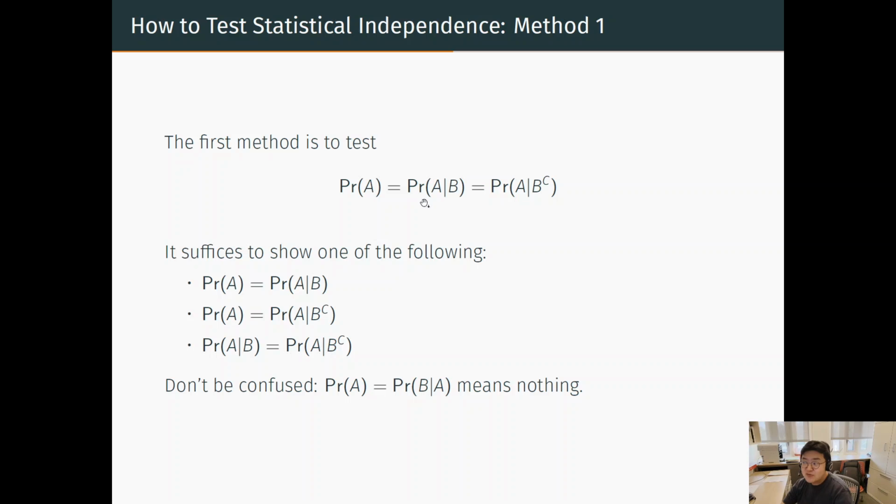Remember, the interpretation was that the probability of A does not change no matter what the condition is. So even if you change the condition, the probability should be the same. That's what you are showing here. So if you try this, it's wrong. This doesn't mean anything.